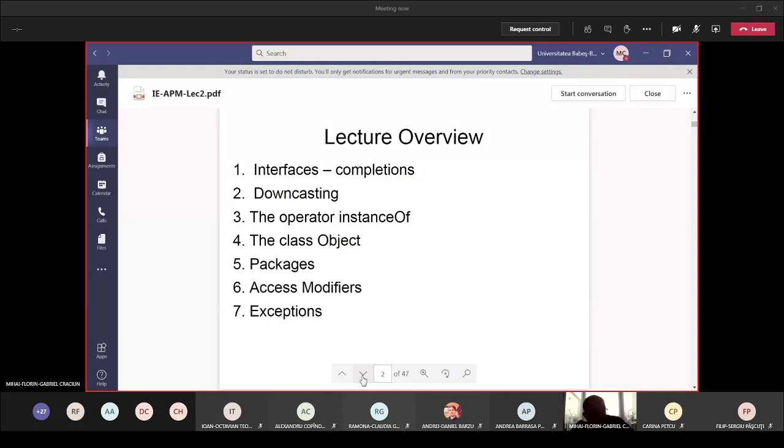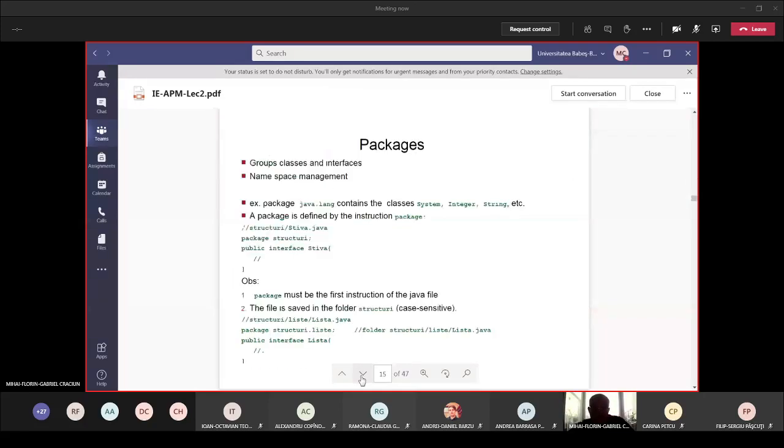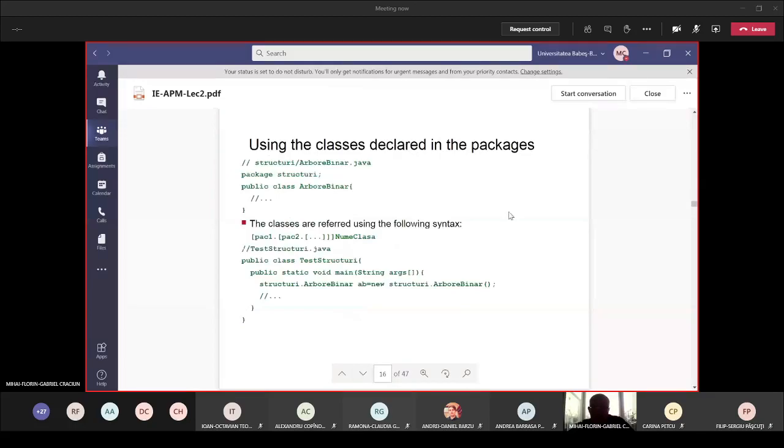It's possible to give you something related to downcasting, and you have to explain to me what is the behavior, what happens. Also about exceptions, I mean that rule that all checked exceptions must be declared, must be treated. So please read also this lecture.